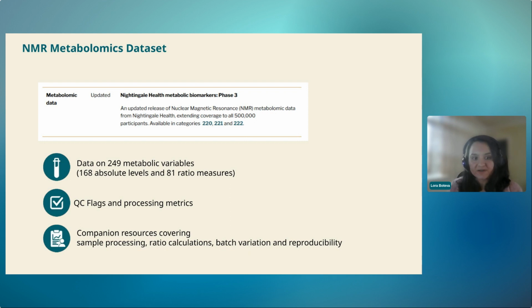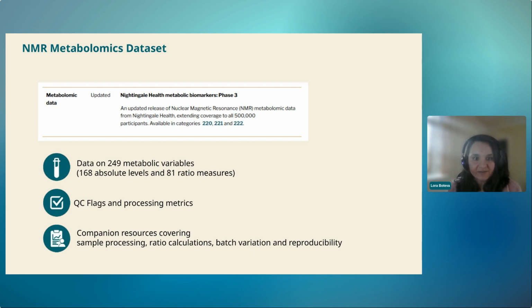We also, as a part of this data set, have included QC flags and processing metrics, things like time of processing or the spectrometer that was used to process that particular sample. We have included those for transparency purposes and also to enable researchers to filter and correct the data as they see fit for their specific scientific question.